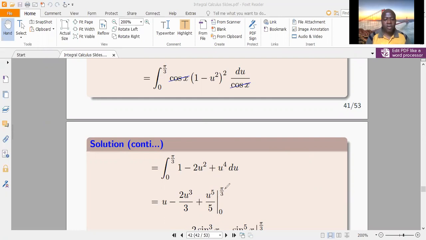And remember the limits. Now at this point, bring back your, was it cosine? No, it was sine. We had said that let u be sine x. So where there is u, write sine x. So let's bring back our sine.